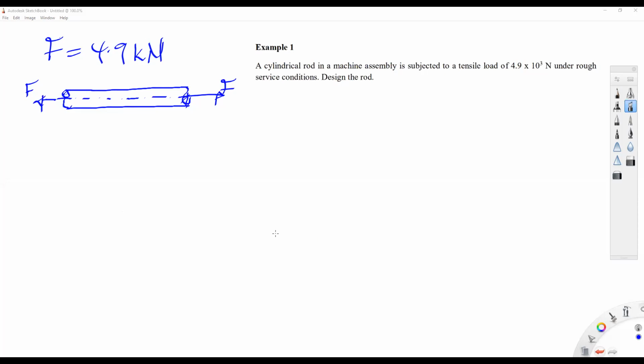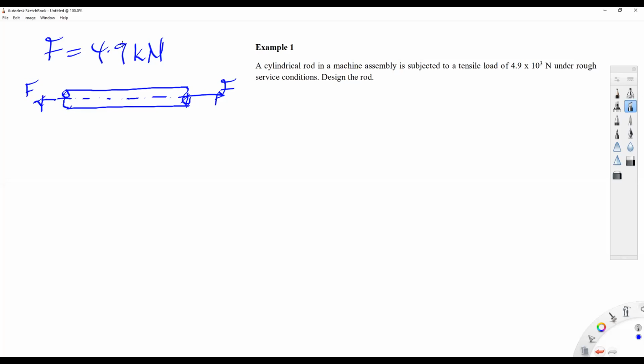To determine the material, since we're not given the material, we have to assume the material for the purpose. Okay, so let's say that the ultimate stress in the material, let's say it's a mild steel material, the ultimate stress is equal to, say, 60 megapascals.